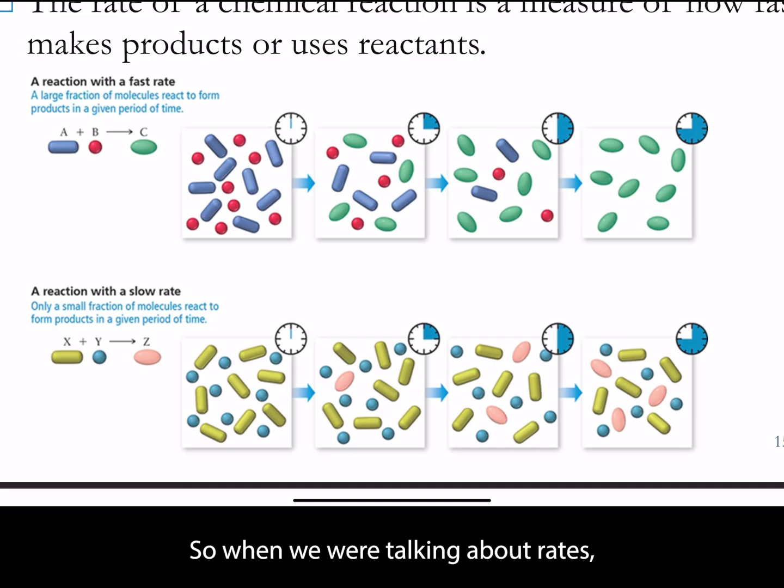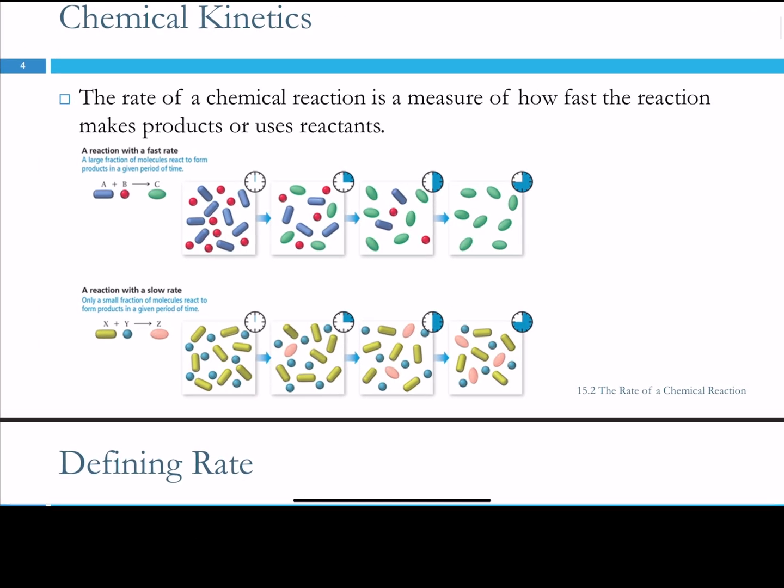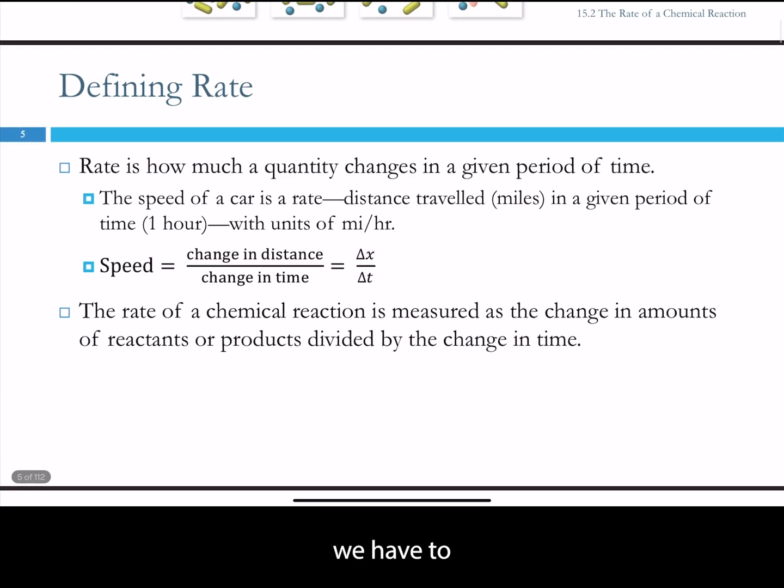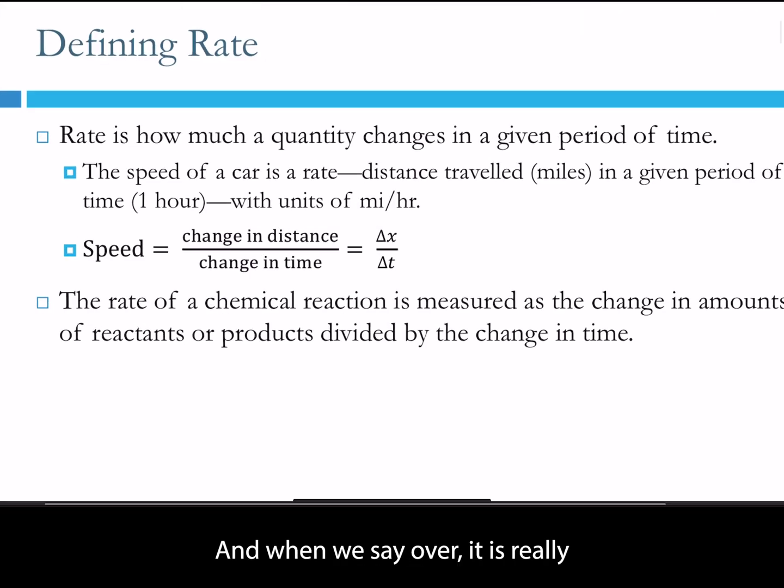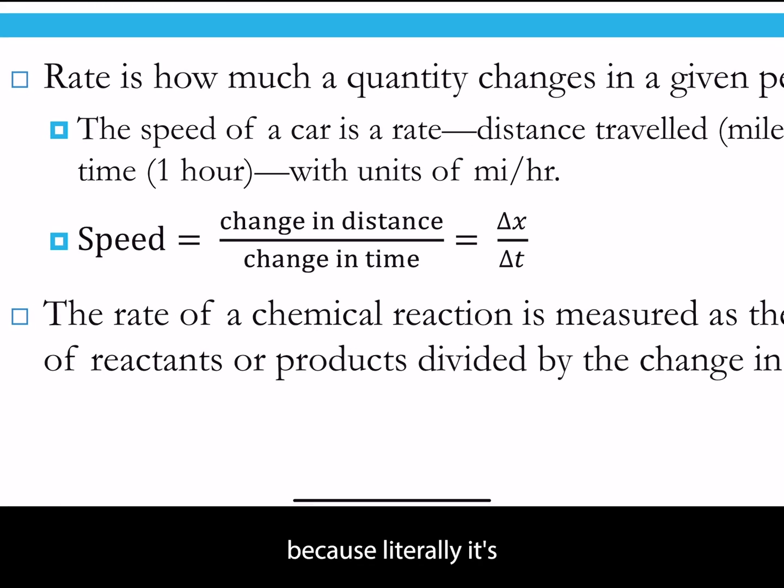So when we're talking about rates, we have to talk about what rates are a little bit more. It's like speed is your change in distance over a change in time. And when we say over, it is really because literally it's the change in distance divided by the change in time.